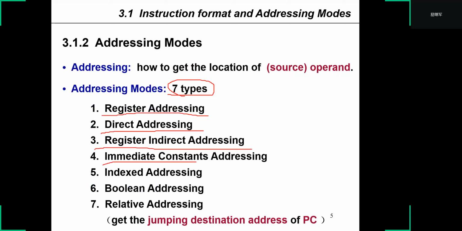Immediate constants addressing, indexed addressing, Boolean addressing, and relative addressing, which is for getting the jumping destination.